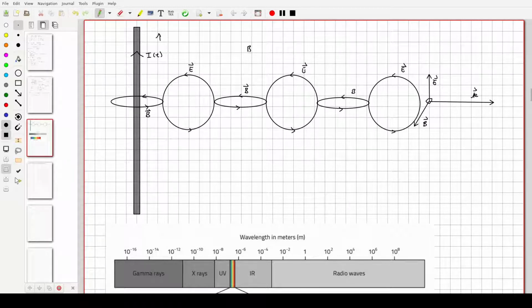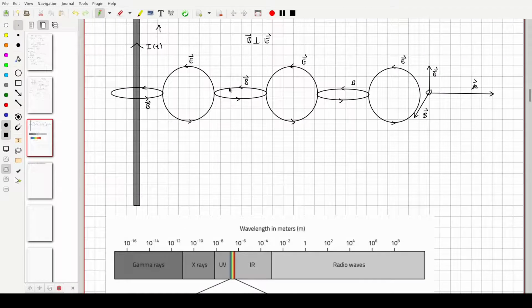Now here's the deal though. The magnetic field itself is perpendicular to E. Okay, they're at right angles to each other. But when you look at the properties of them, there's a clear relationship between E, B, and the direction of travel of your wave. We call the direction K, the wave number.